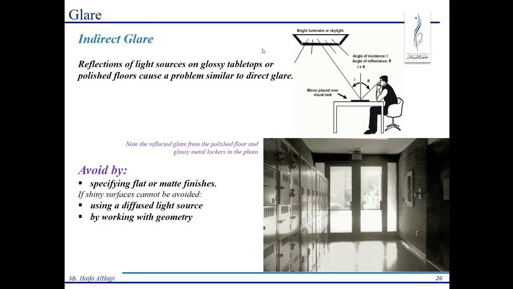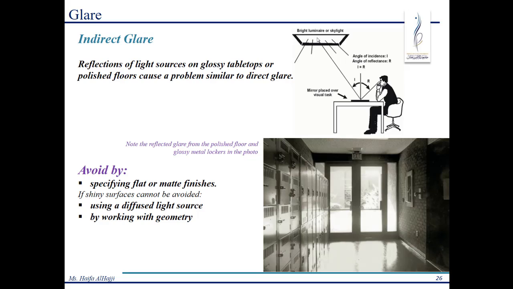So in this example, this is our visual task. This is the center of the visual task. What is happening is I'm looking at it from this angle. If I'm looking at it from this angle, I need to consider whether there will be any reflections entering my eye at this point.